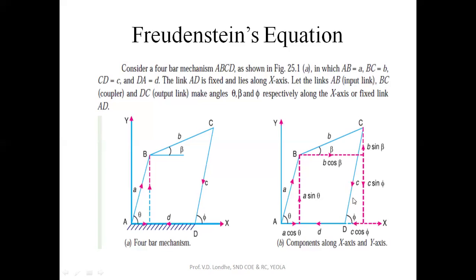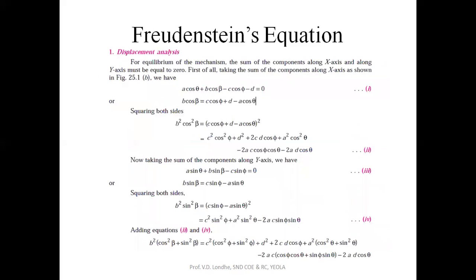And for the link CD, it is c cos phi along the x axis and c sin phi along the y axis. Now we just take the summations of the vectors along the x axis and along the y axis. For the equilibrium condition, by taking the summation along the x and y axes, you will get these expressions.